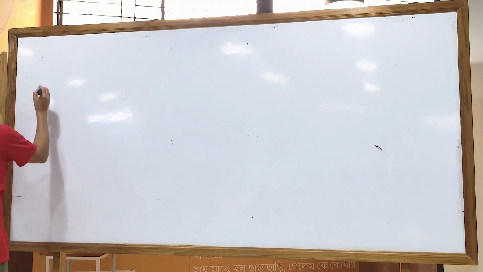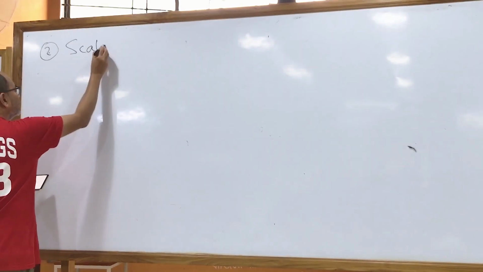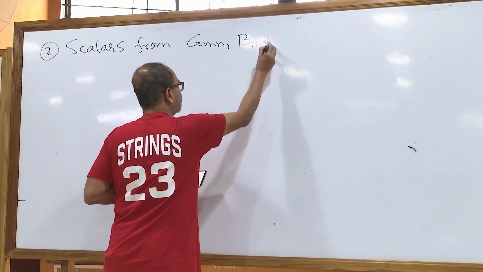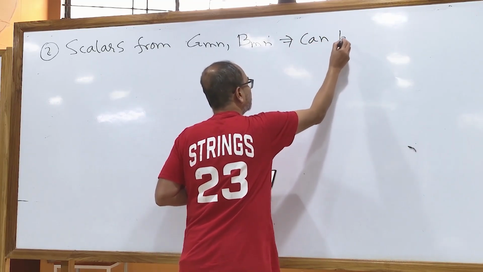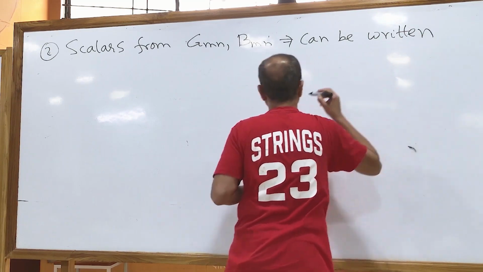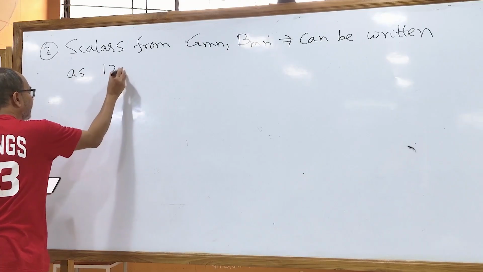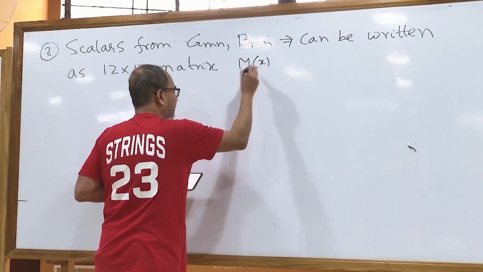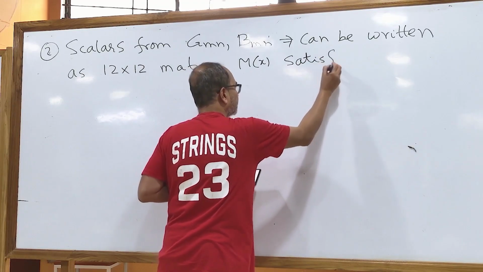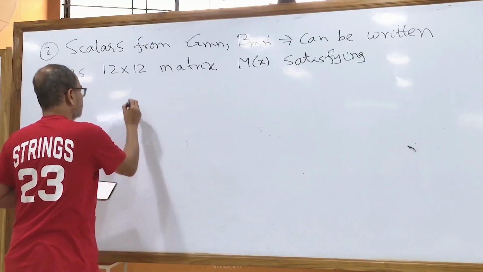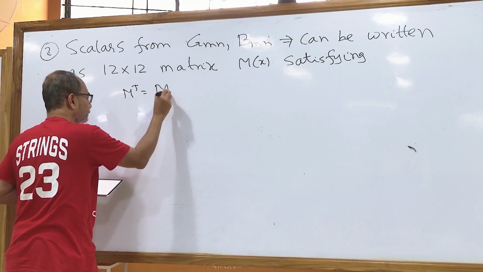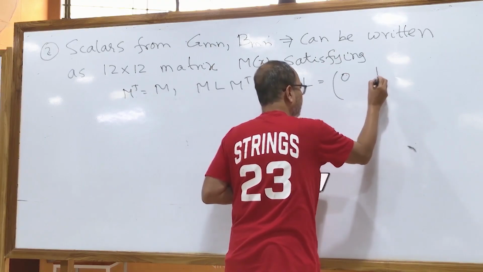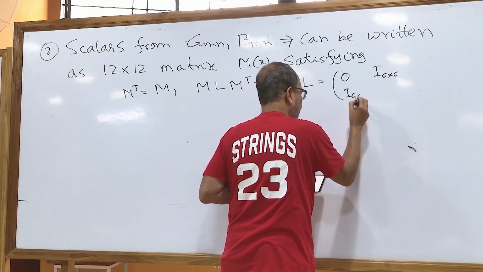Then it has scalars from GMN, DMN. These can be written as a 12 by 12 matrix M, which are all functions of x satisfying... while L is a fixed matrix with 0 and the 6 by 6 identity matrix.